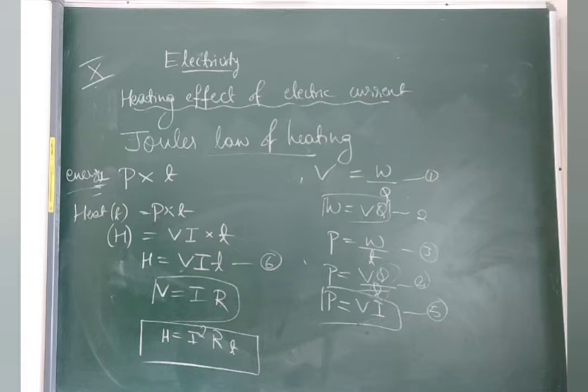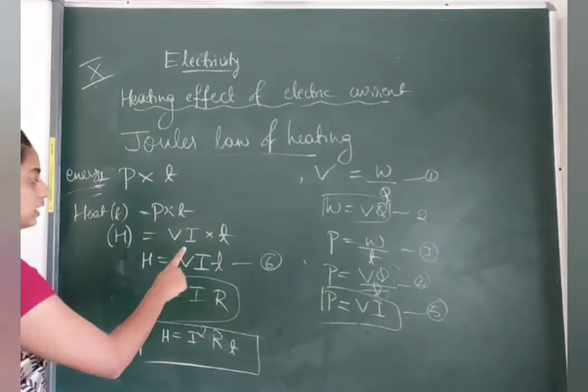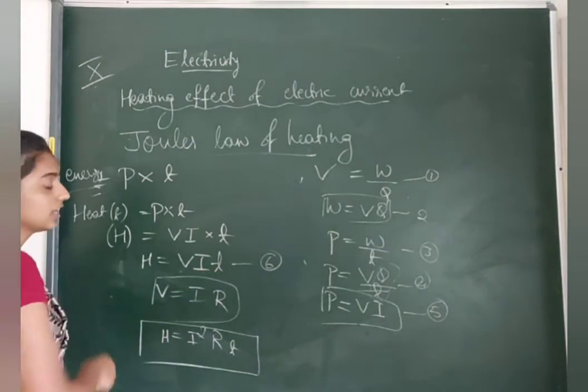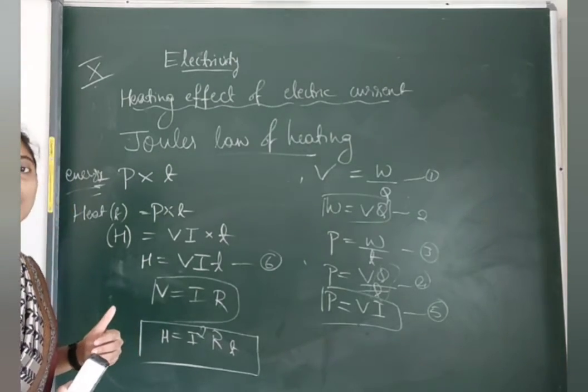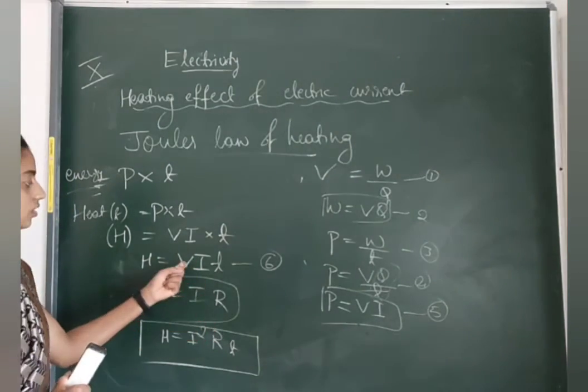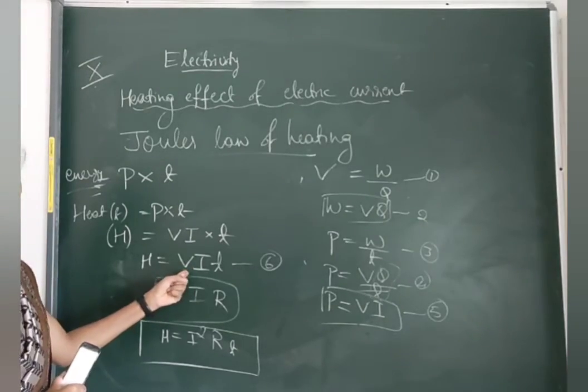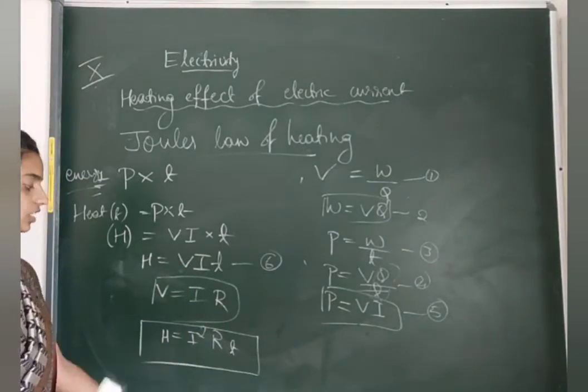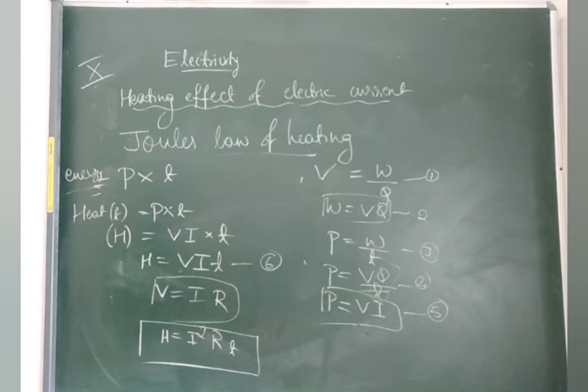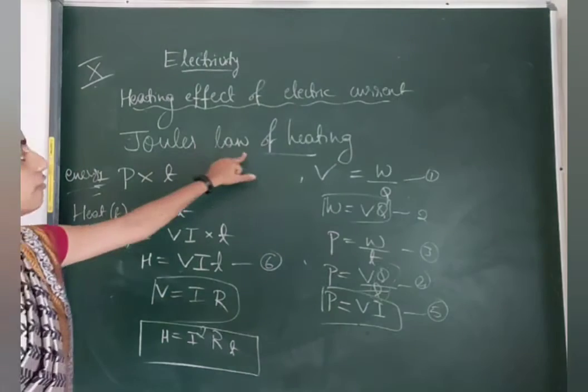So now can we say that the equation for the heating effect of an electric current is nothing but H is equal to I square RT. As I already mentioned, the equation will start from here. Since in this syllabus we are learning Ohm's law and all, we need to introduce in the place of potential difference, that is nothing but Ohm's law. So at last finally we will get H is equal to I square RT, and this formula is called Joule's law of heating.